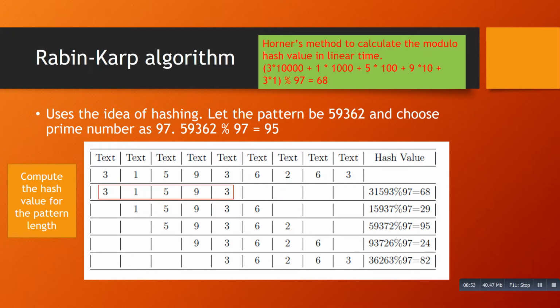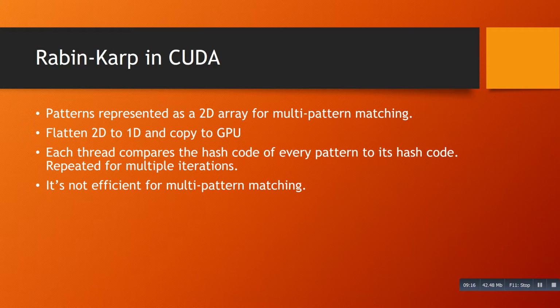Every thread computes the hash value starting from its thread index, and then it compares the hash value it obtained with the signature's pattern hash value. If they match, then it goes and compares the entire pattern with the input.